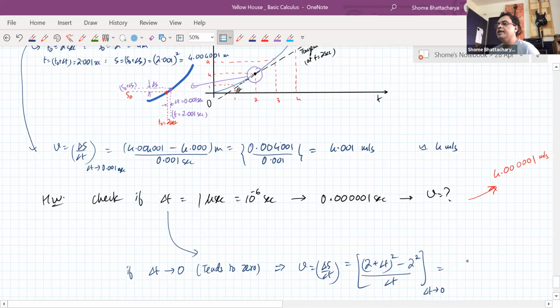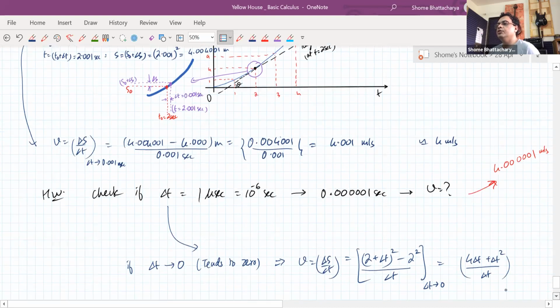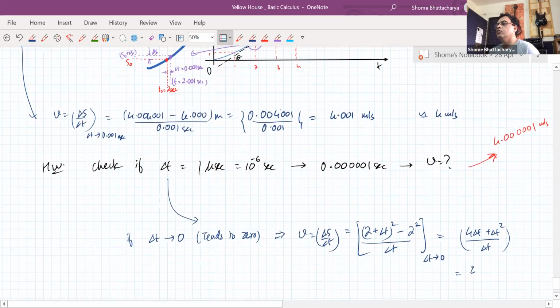Okay, so when you open this bracket, you'll get 4 delta t plus delta t square divided by delta t. So this will further become 4 plus delta t, but under the condition that delta t is so small that it's tending to 0. So you can see it will become 4. So the exact value of instantaneous speed is actually 4 meters per second.